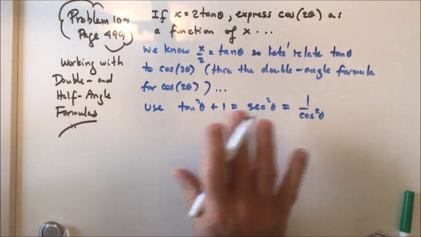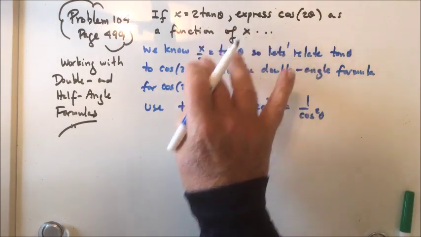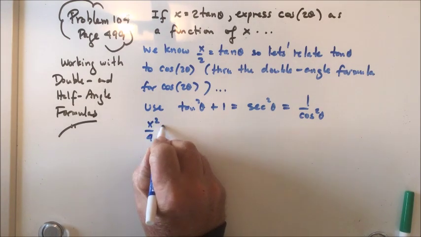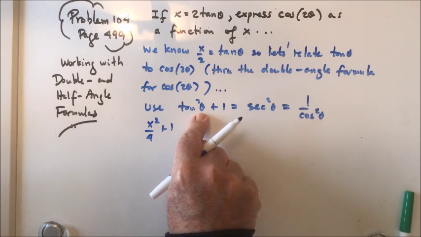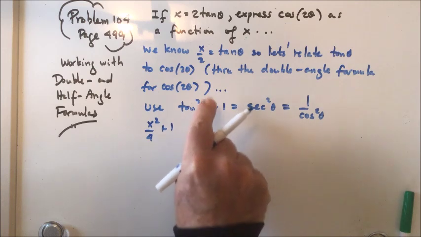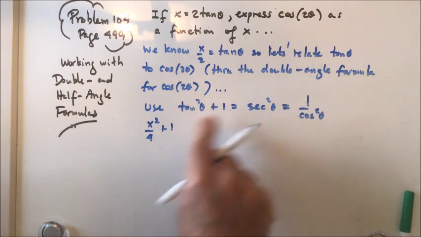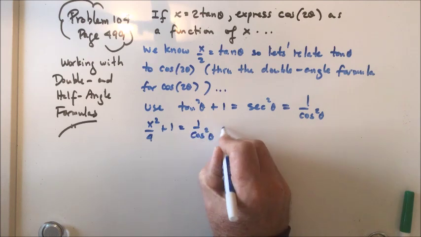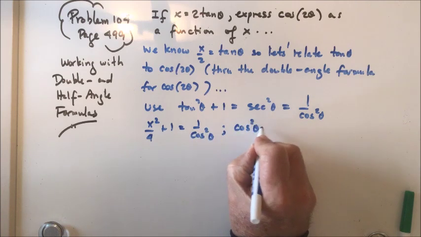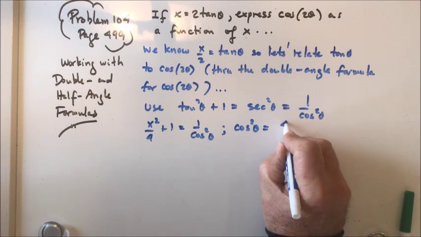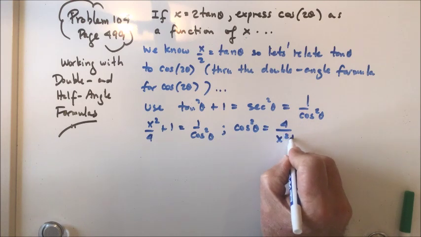Since this is a basic identity, and we know that tangent theta is equal to x over 2, this says x squared over 2 squared plus 1. Replace tangent here with x over 2, so x over 2 squared plus 1 is equal to 1 over the cosine squared theta, and that says that the cosine squared theta is equal to, I'm just going to go like this and blow your mind a little bit, right?